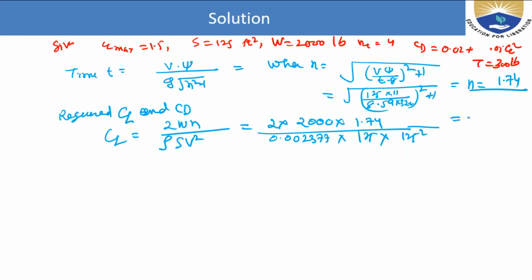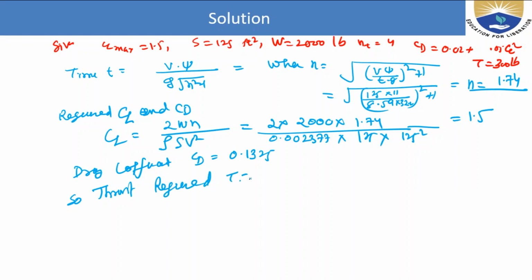So you are going to get 1.5, and the drag coefficient CD is equal to 0.1325.